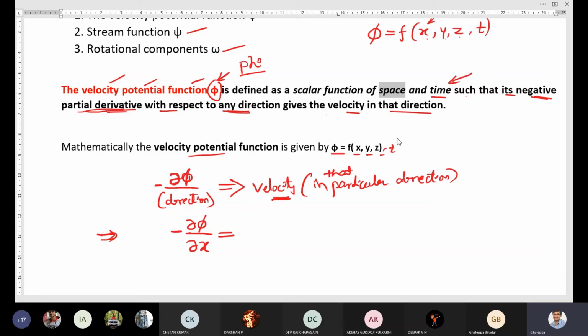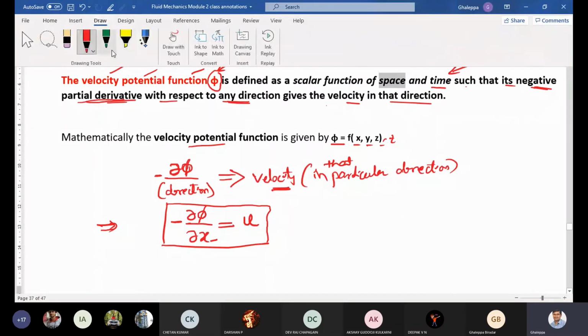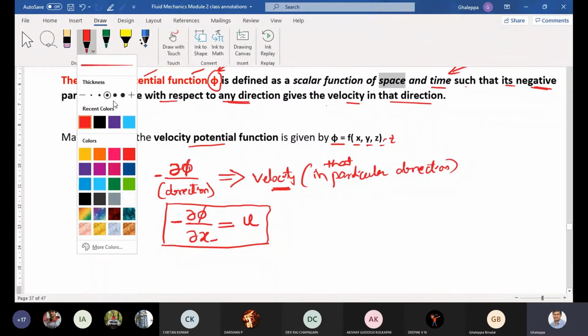The velocity in x direction is u. So this is the velocity potential function. Please read once again. If you maybe have some doubts in your mind, let me take a different color chalk piece and explain once again.